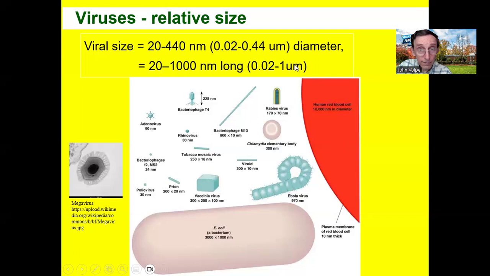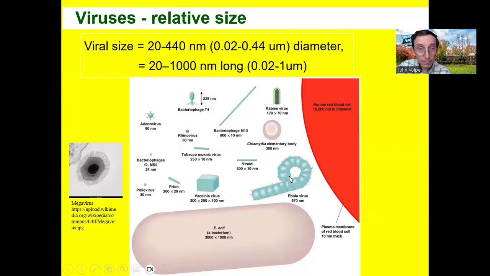The largest virus by diameter that we're going to talk about is megavirus, which is about 440 nanometers in diameter. The longest virus is actually Ebola, which is a very long and skinny virus. So it is longer than megavirus, but in diameter, it's smaller than megavirus.